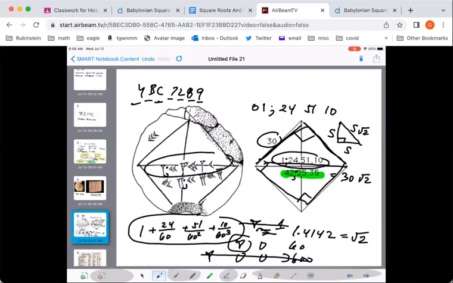Now, remember how I mentioned that that's how most people interpret this, but actually there's another interpretation, because I mentioned there's no semicolons or decimal points. If there was a semicolon there, this wouldn't be 30 anymore. It would be 30/60ths, which would be 1/2.